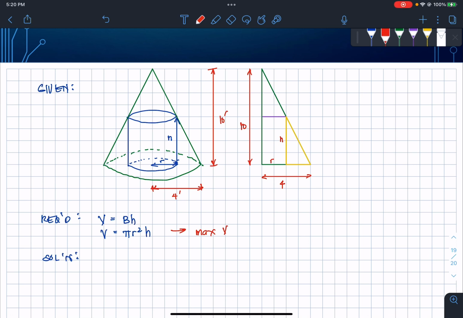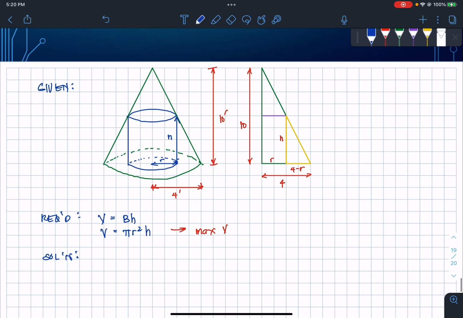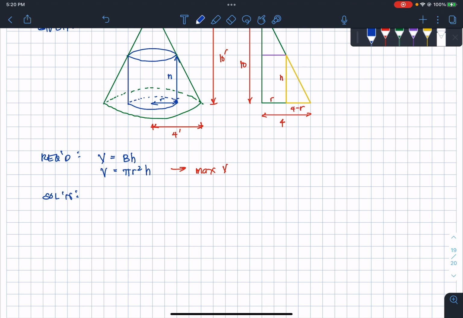So if this is R, so etong yellow na base, that would be 4 minus R. Tapos yung height niya is H. So kukuhanin natin is the R, no? So for our similar triangle, so 4 minus R, so it's the same, 4 minus R all over H is the same as 4 all over 10.